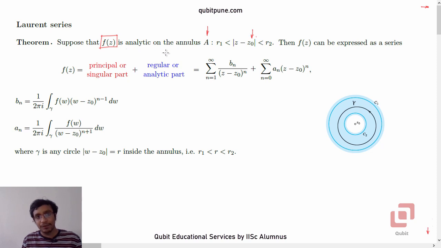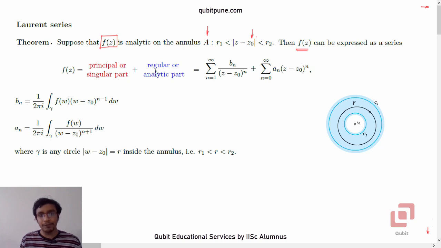Suppose f of z is analytic on the annular region A, then the conclusion of the theorem says we can express f of z as a series. Conventionally the Laurent series is said to consist of two parts. Part 1 is known as the principal part or singular part, and these two words are used interchangeably. The second part is known as the regular part or analytic part.